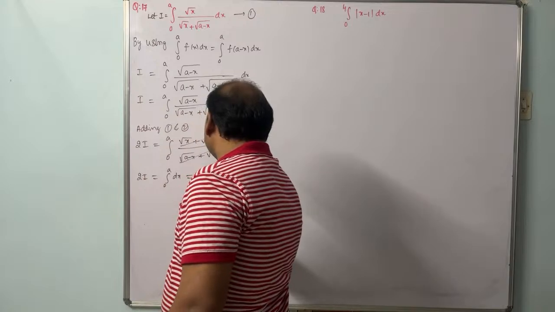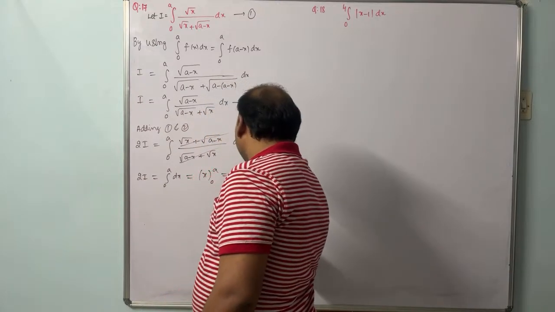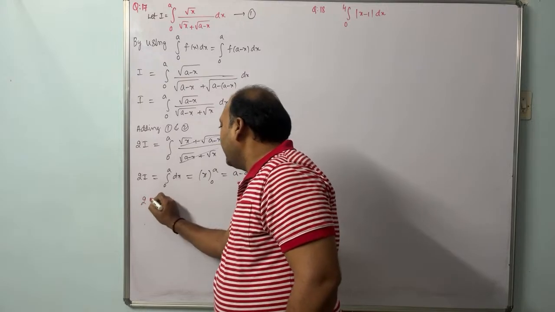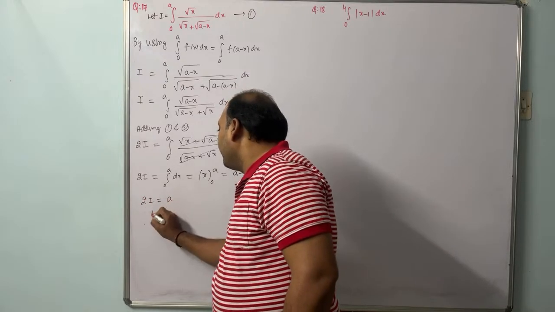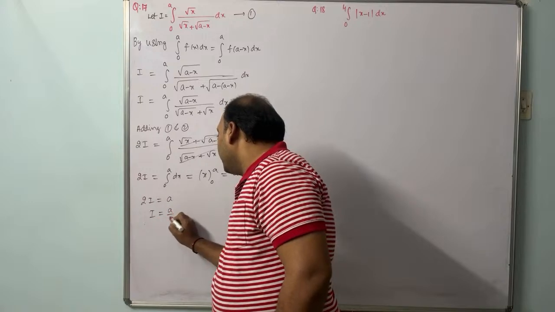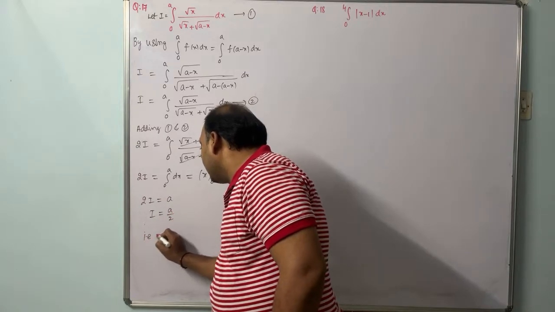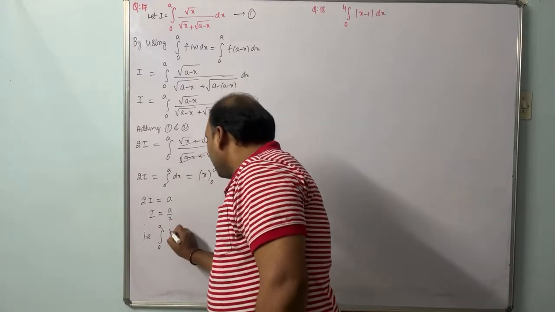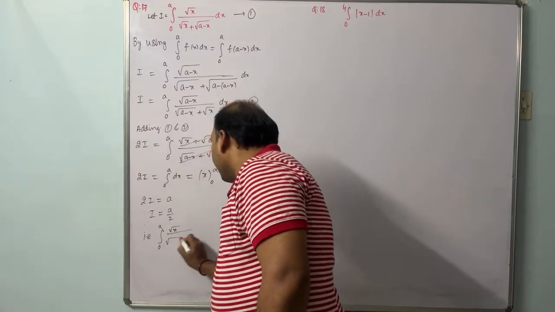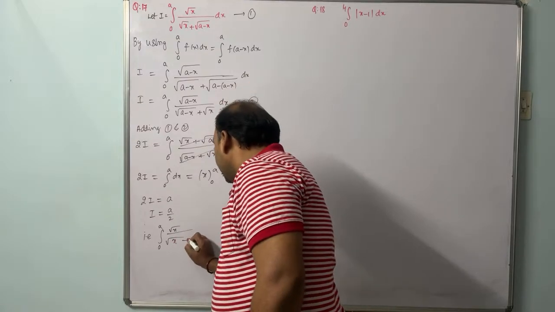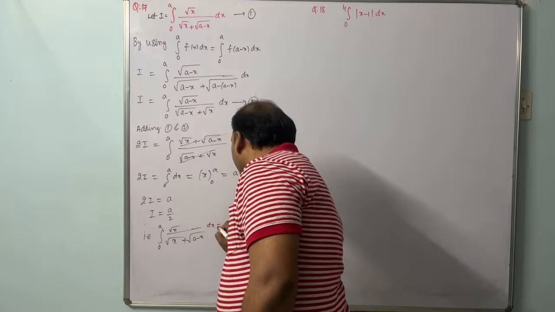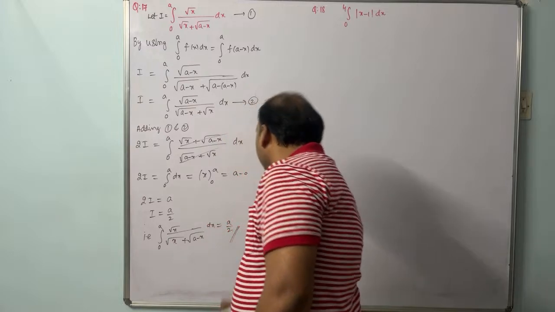Integral dx is x, applying the limit 0 to a minus 0. So 2I is equal to a, I is equal to a by 2. That is integral 0 to a root x divided by root x plus root a minus x into dx is equal to a by 2.